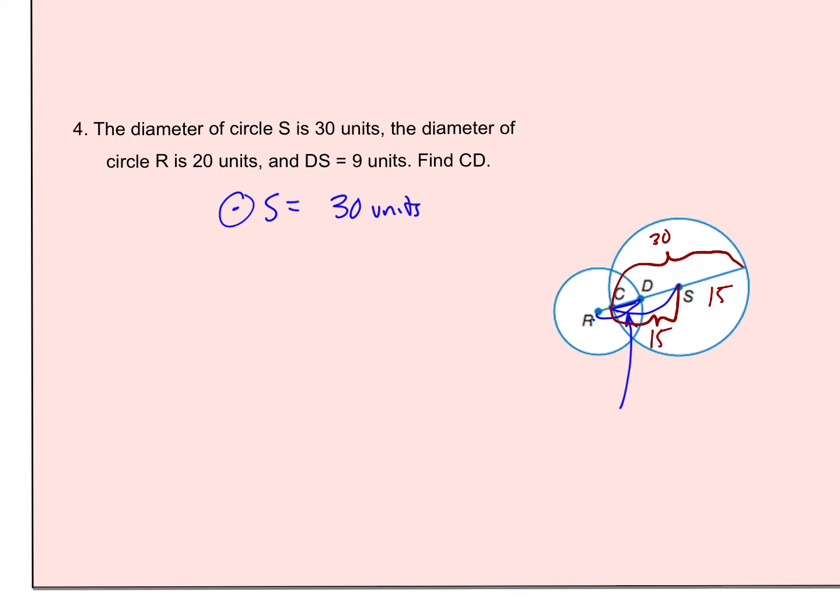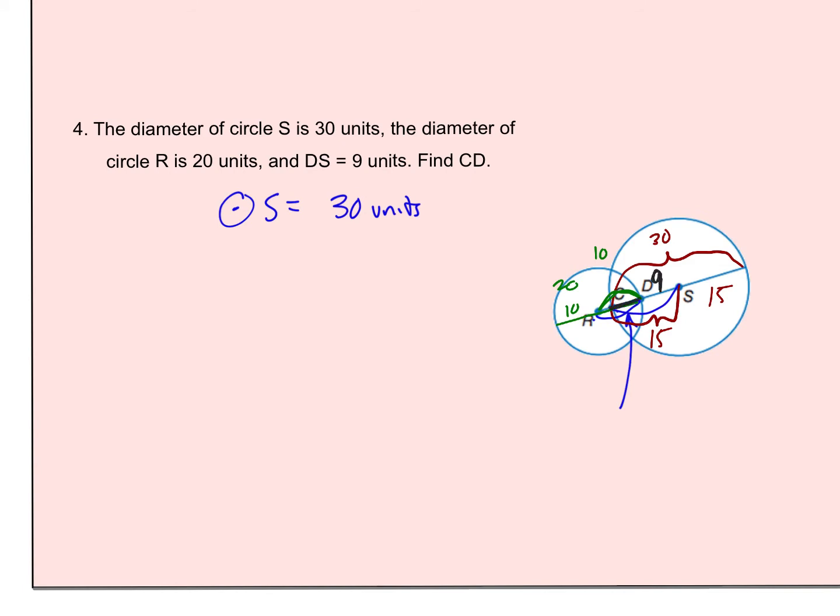The diameter of circle R is 20 units, which means this is 10, and this length right here is 10. From R to D is 10. Now they tell me that DS is 9 units.